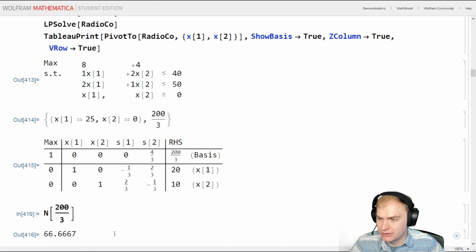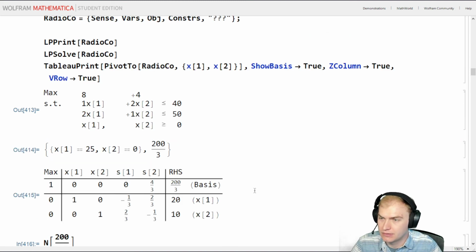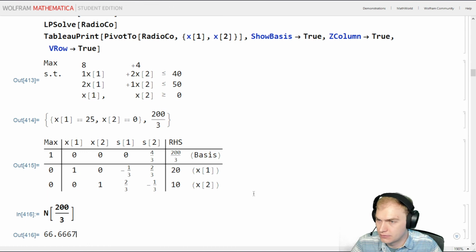But if we were to pay laborer 1 any more, we're going to change the basis. In fact, we already have, that's strange. Yeah, we already have multiple optimal solutions.